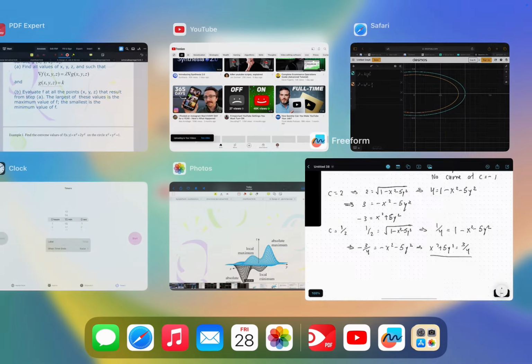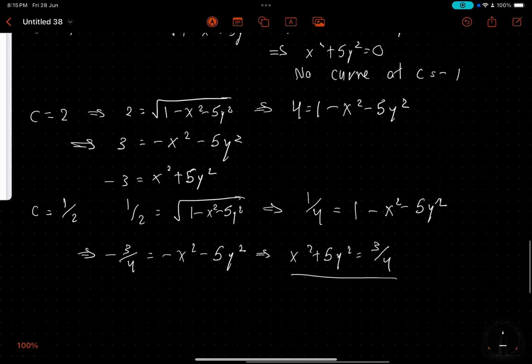So this is an ellipse with radius the square root of 3 over 4, written as square root of 3 over 2.